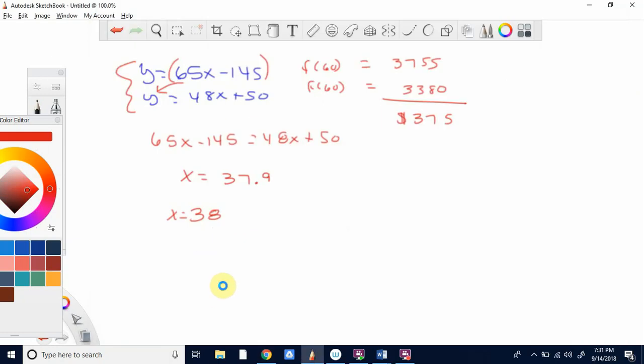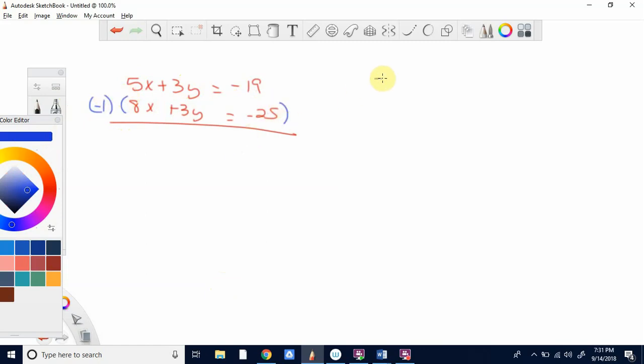So let's start by writing the equations, and they are 5x plus 3y equals negative 19. Then we're going to have 8x plus 3y equals negative 25. It doesn't matter which one I choose. I'm going to choose this one, and I'm going to multiply the entire equation by negative 1. So remember, I'm not changing this one, so I'm just going to rewrite it.